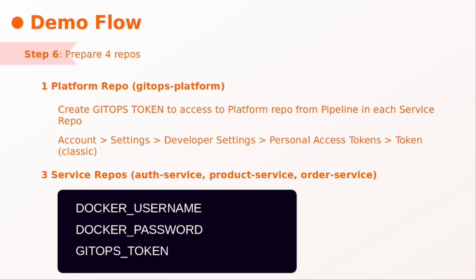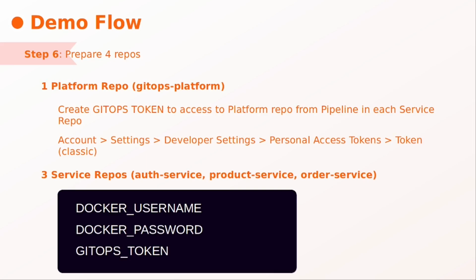Step 6. Prepare repositories. You need to set up 2 repositories. First, platform repository. gitops-platform. Store Kubernetes manifests and ApplicationSet configuration. Create a GitOps token to allow service repositories to update this repo. 2.